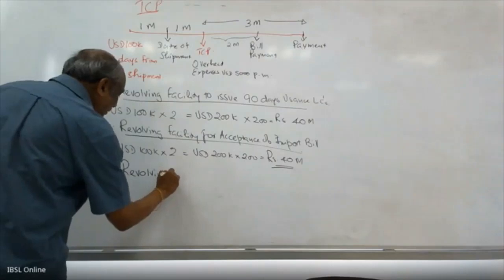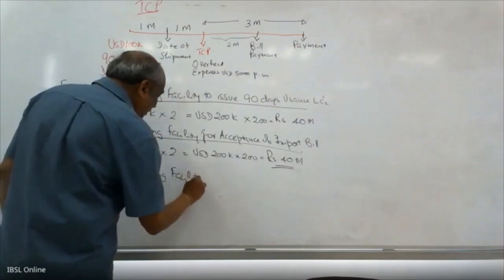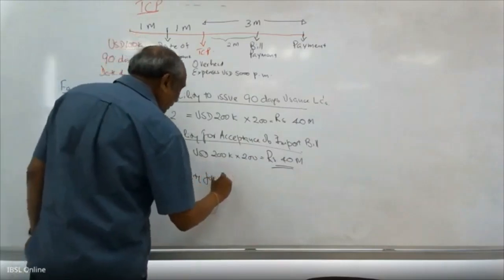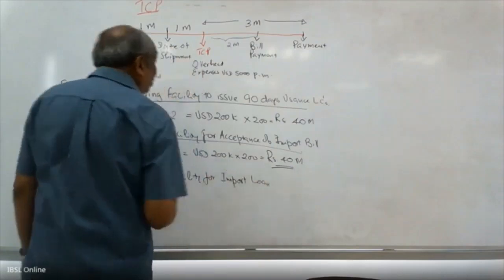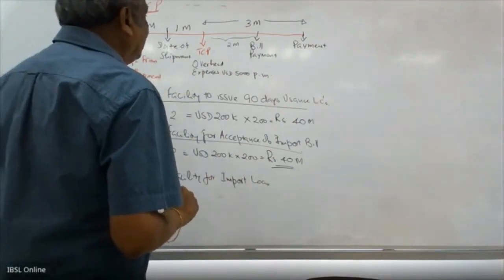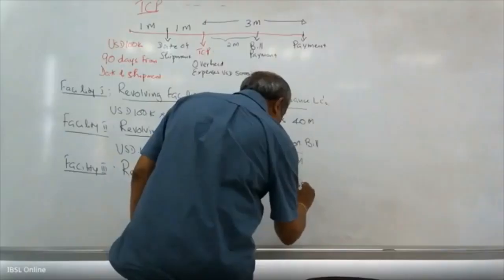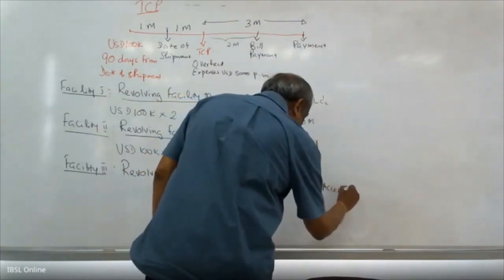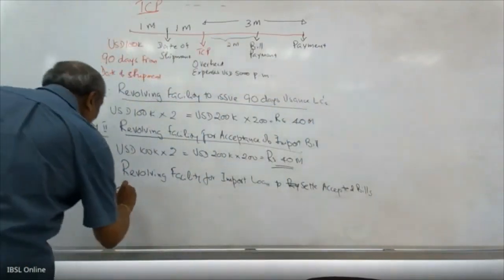Revolving facility for import bill, import loan, or to settle accepted bills. Right? That is US dollars 100,000.